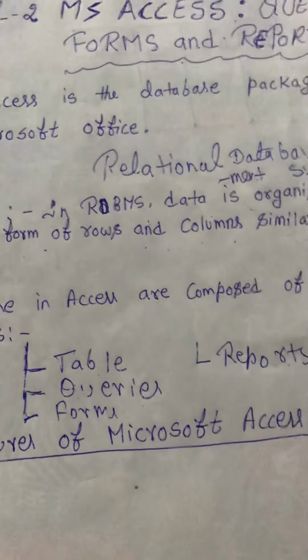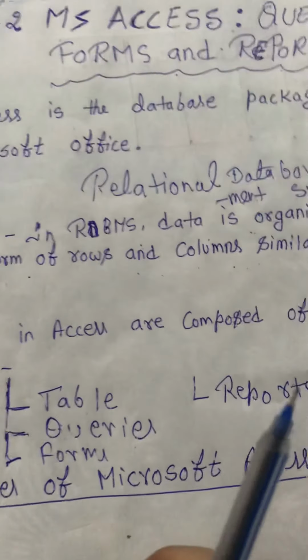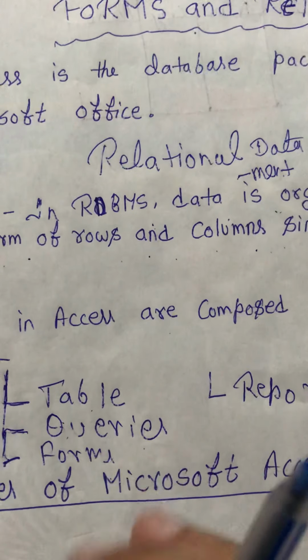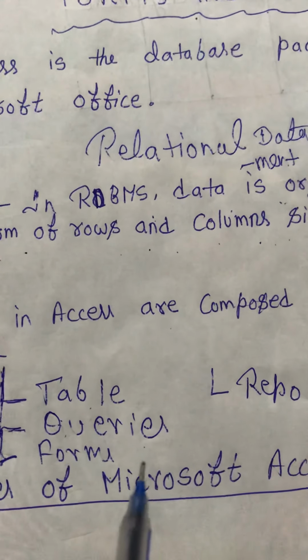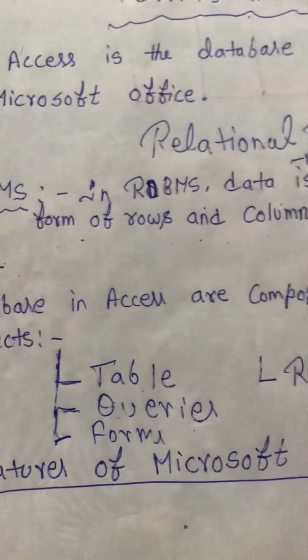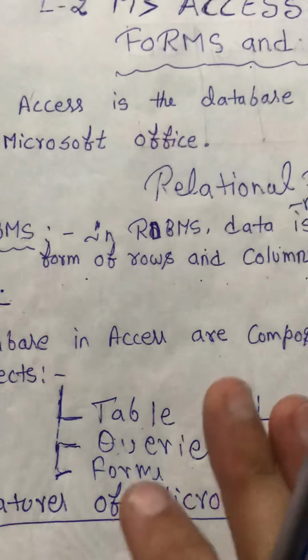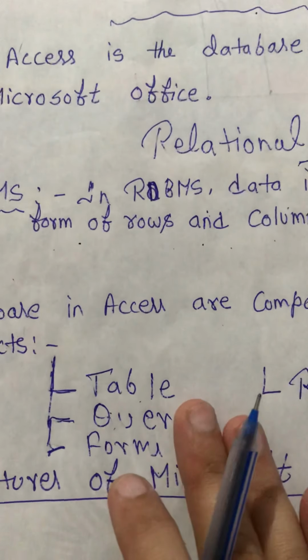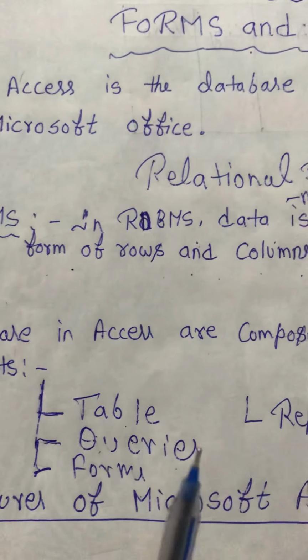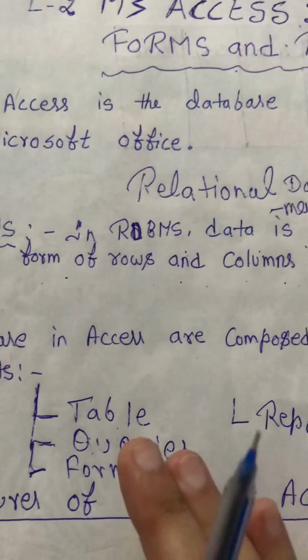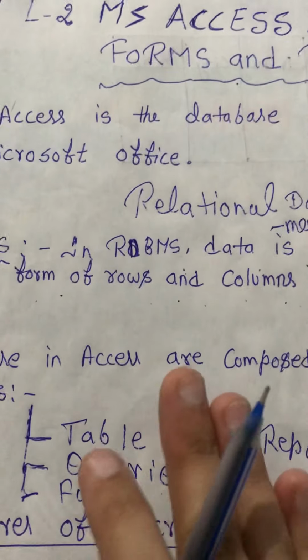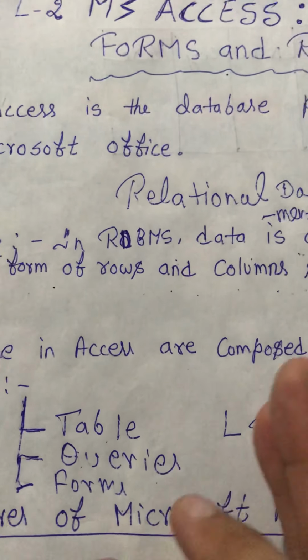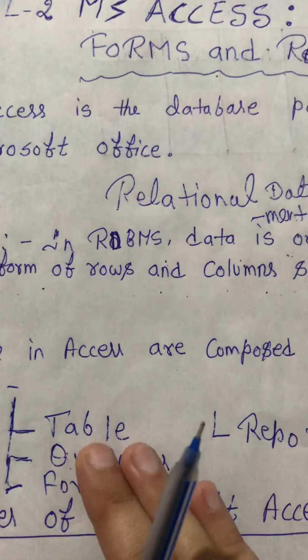Now, features of Microsoft Access. But before understanding the features, student, I want to tell you that MS Access is a type of database software that is used to store information.